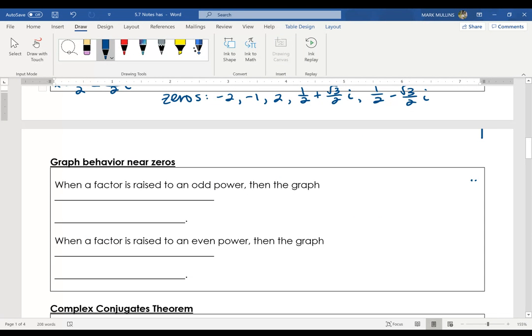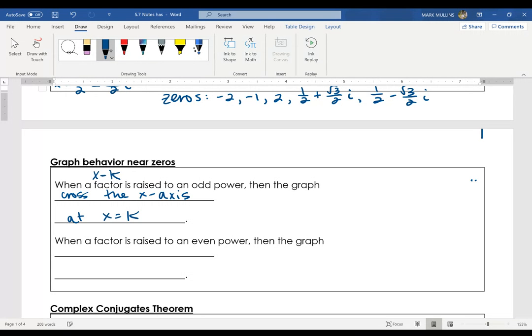So the graph behavior is really something that we don't need at this point. We're going to be looking more at graphs tomorrow. In the near future, I will probably move this to the next day of notes. But when a factor is raised to an odd power, so if the factor is, like, say, x minus k, then the graph is going to cross the x-axis at x equals k.